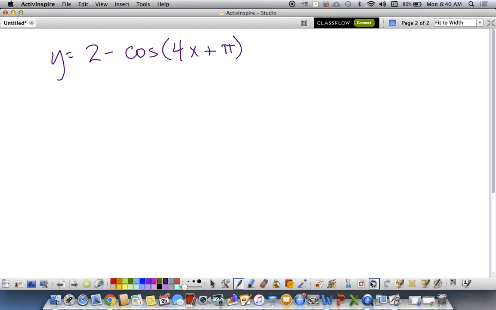Yeah, pi's going to end up there. It shouldn't, but it does. What is the amplitude? What is the period?